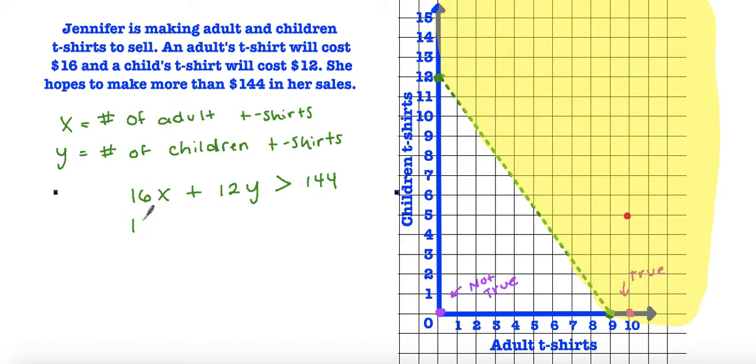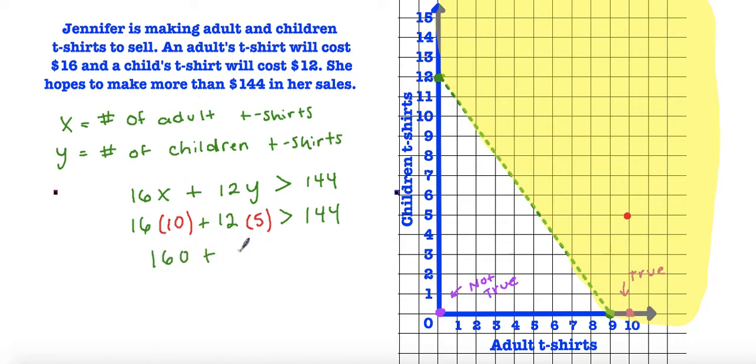So that would be 16 times 10 plus 12 times 5, and that should be greater than 144. 16 times 10 is 160.